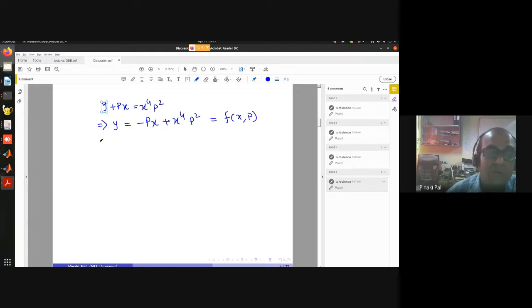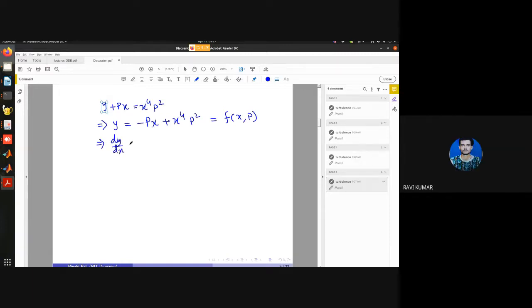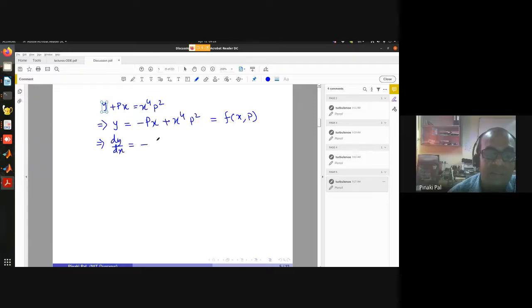Now what we will do, we will differentiate this with respect to x. So dy/dx in the left hand side we will get, and in the right hand side minus p minus x dp/dx plus 4x cube p squared plus 2x to the power 4 p dp/dx.